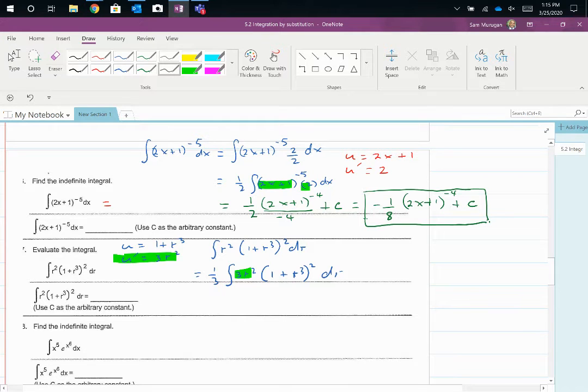So all we need to do now is follow the rule for integration here, and this becomes 1 over 3, 1 plus r cubed to the power 3 this time, divided by 3, plus c, which is equal to 1 over 9, 1 plus r cubed cubed, plus c.